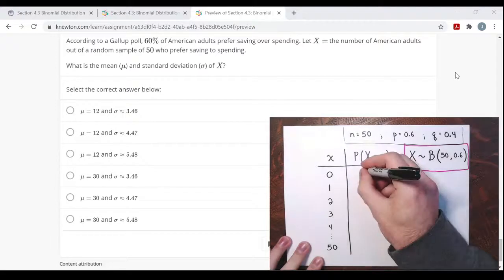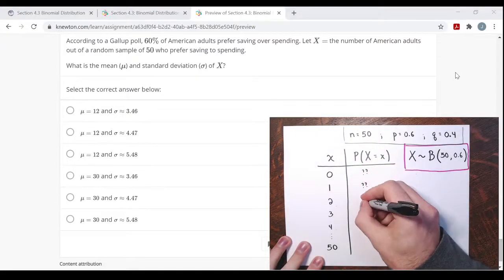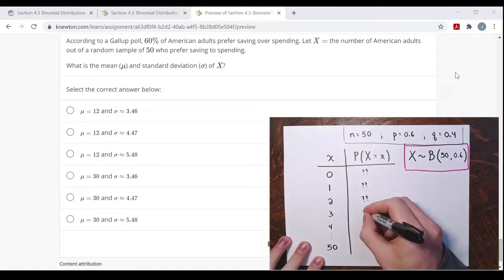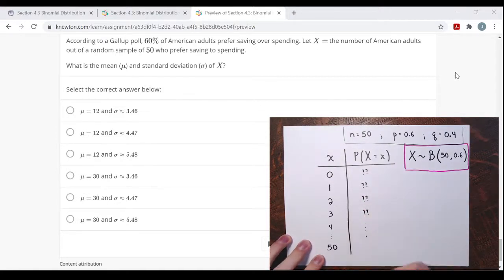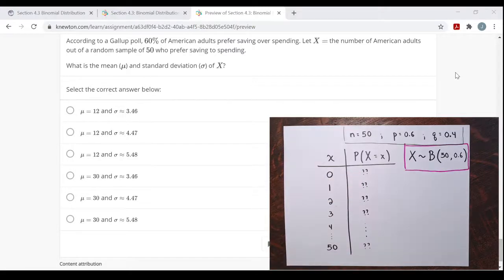And then we'll talk about how to calculate these probabilities in another objective. It's still going to come up in this section, but we would try to figure out, all right, what's the probability of picking 50 American adults and none of them prefer saving over spending? And I'd write that here.